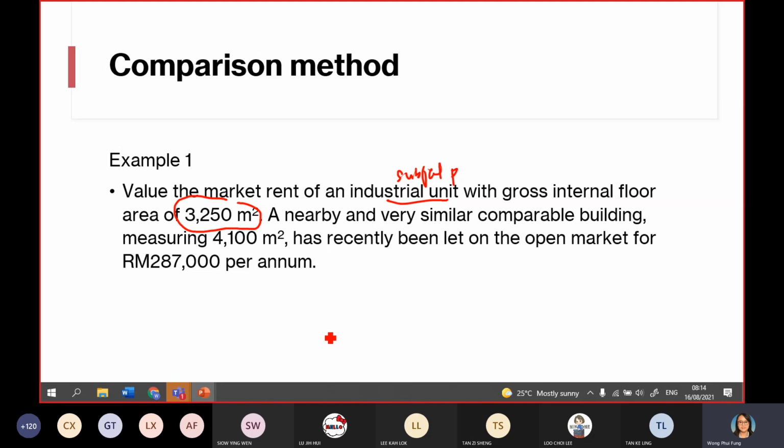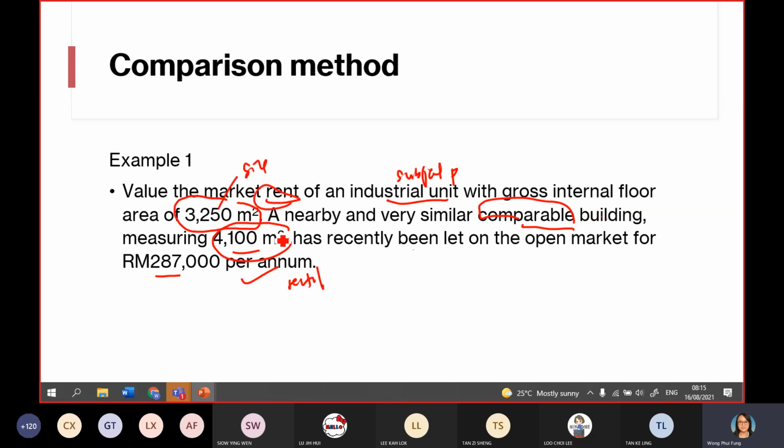A nearby and very similar comparable building, so this is your comparable property, the size is 4,100, has recently been let on the open market for 287,000 per annum. Okay, so you know that your comparable property, the size is this one, and the rental is this one. So now your own property, the size is this one.